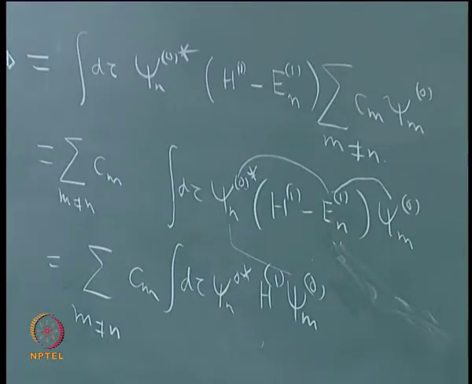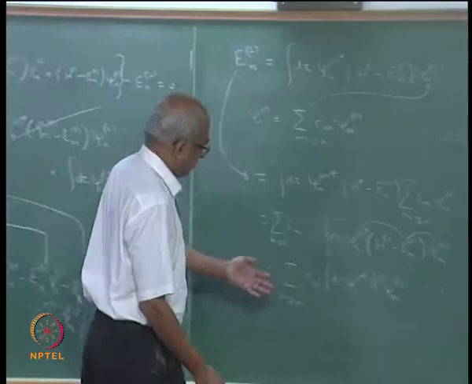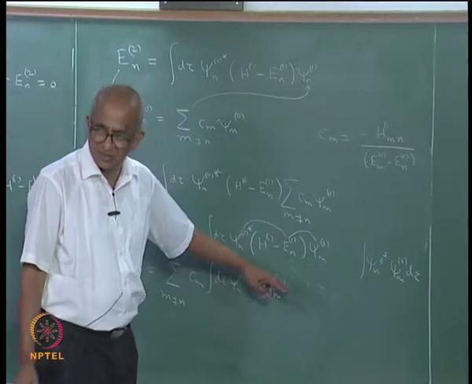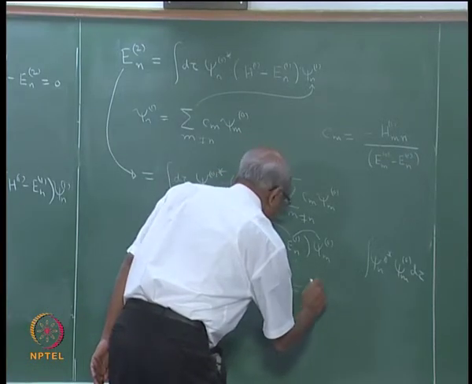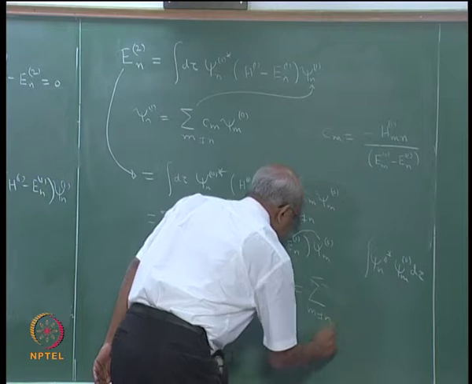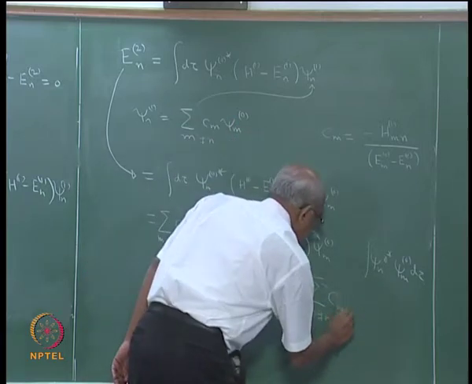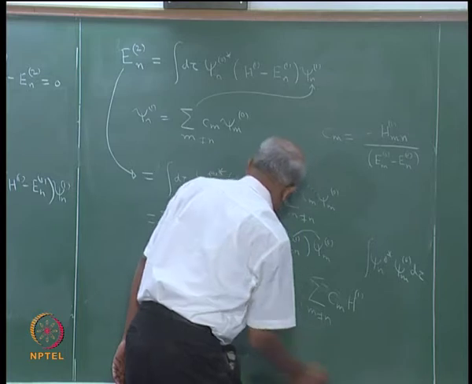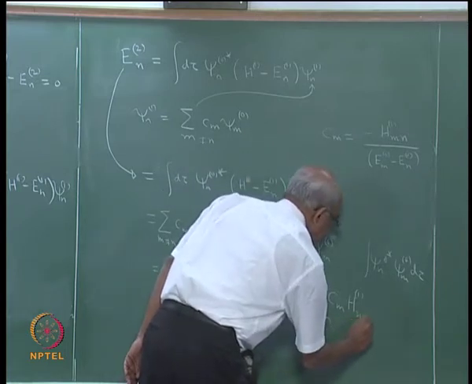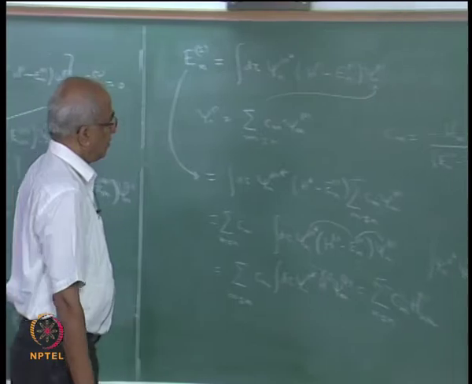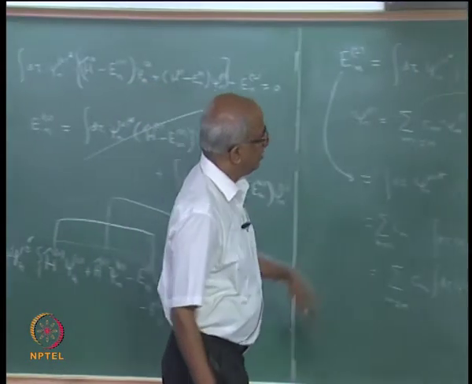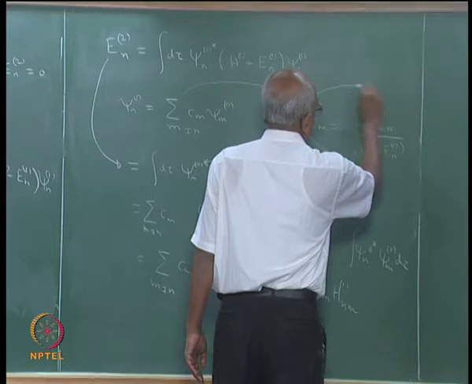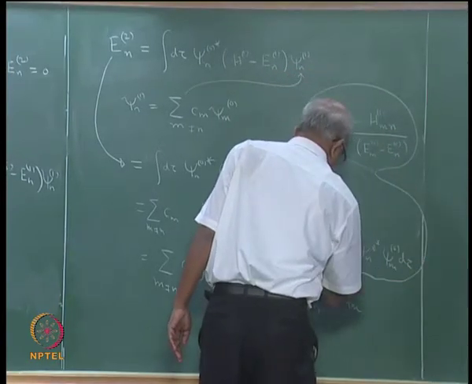That is all that you get, but then we decided that we do not want to be writing this term, it is tedious. So we will simply write this as the sum over m not equal to n of Cm H1 nm. We already know how much Cm is, it is right here, so I can directly take that and put it in instead of that Cm.